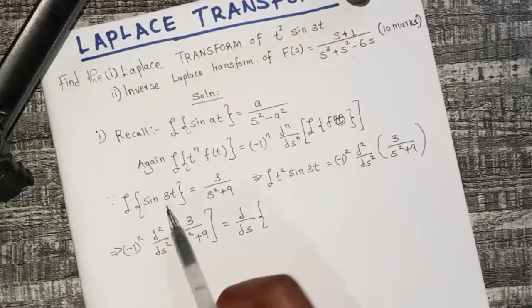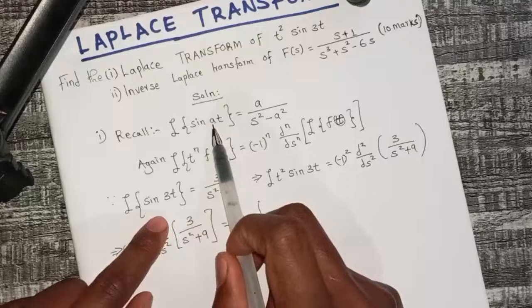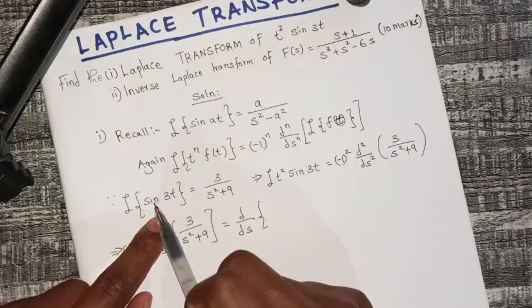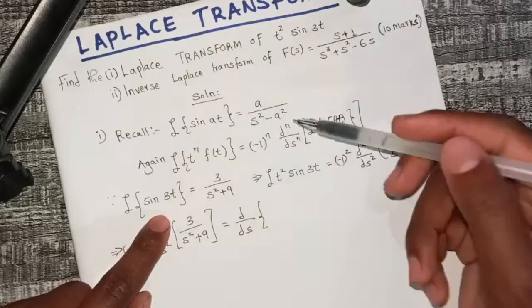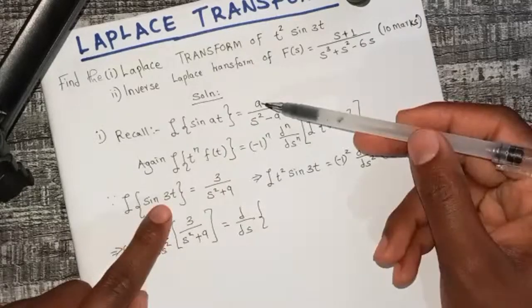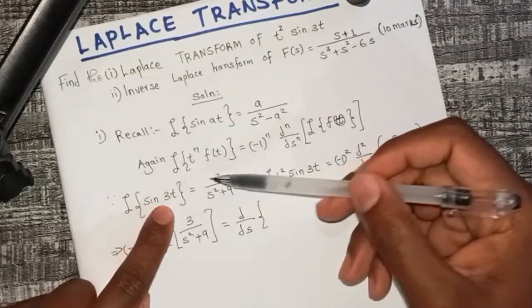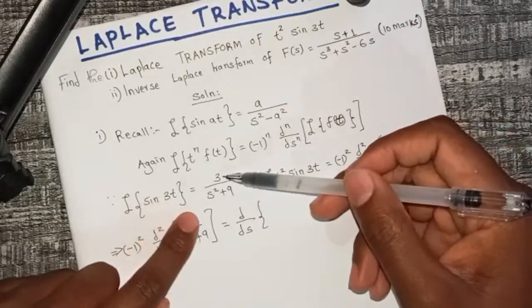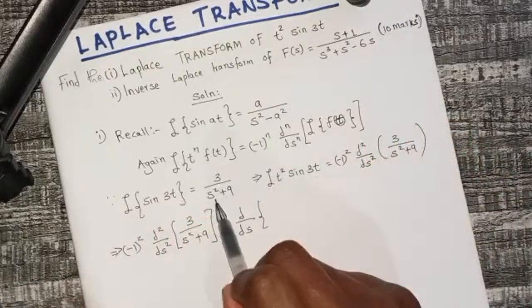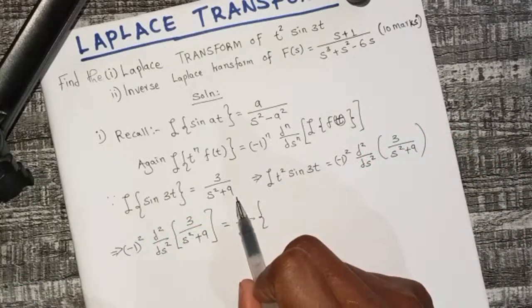So from this formula, sine at relates to sine 3t, where a is 3, and that's why the Laplace transform of sine 3t is 3 over s squared plus 9.